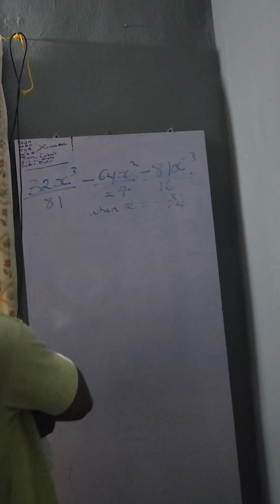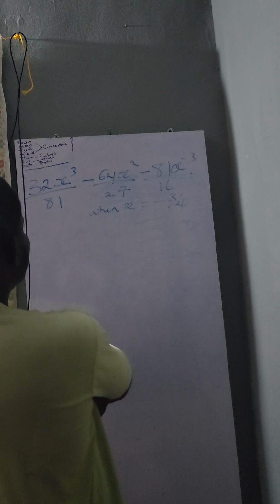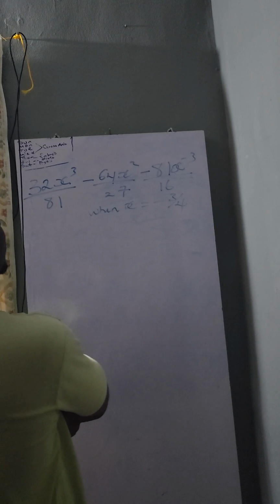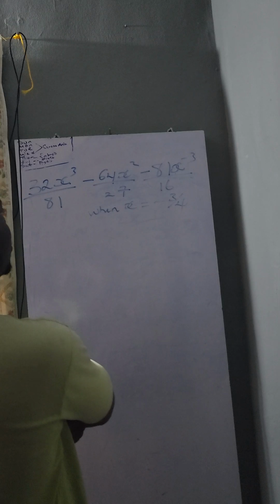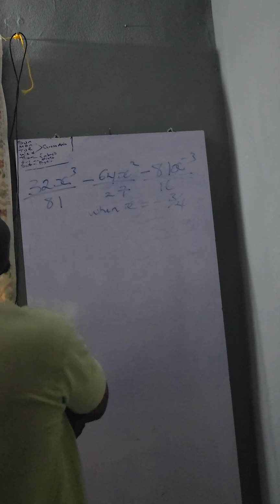You know here we have been given the value of x normally. So what can we do? 32 is 2 times 2 times 2 times 2 times 2. 81 is 3 times 3 times 3 times 3. 81, 16. Is there something we can do here? You can just substitute your value here, and at the same time, you might substitute the value here.